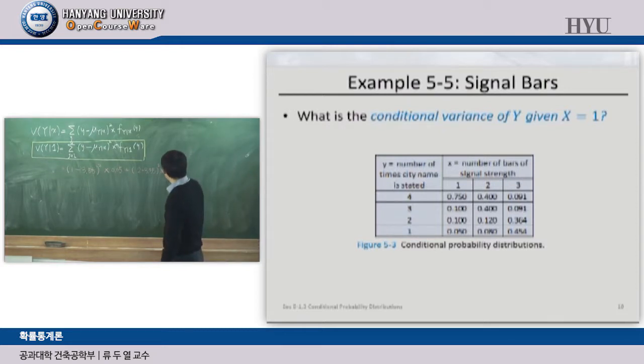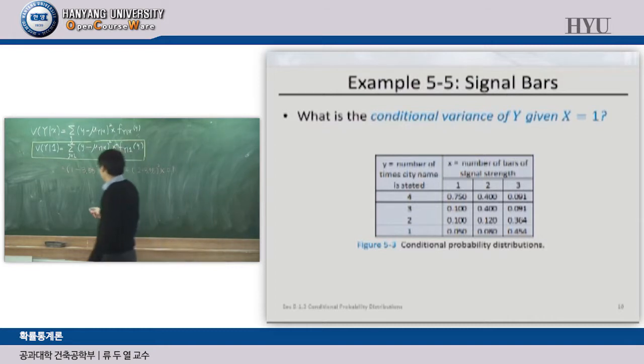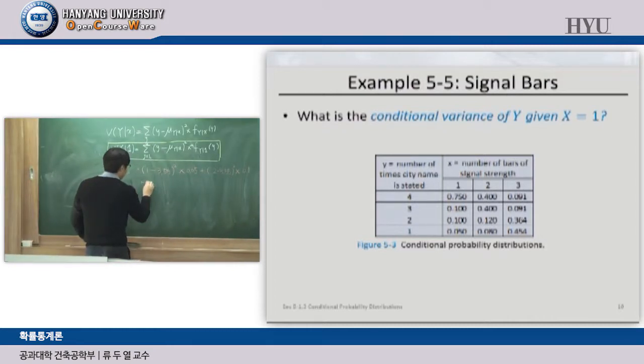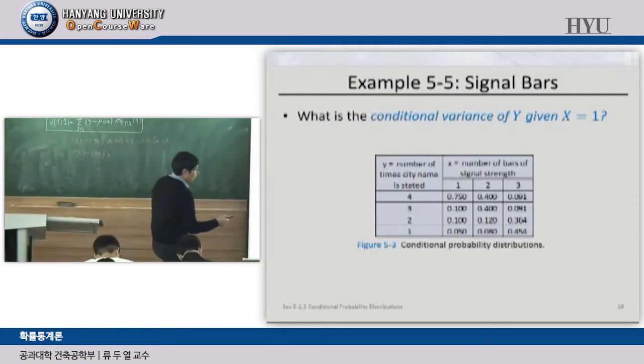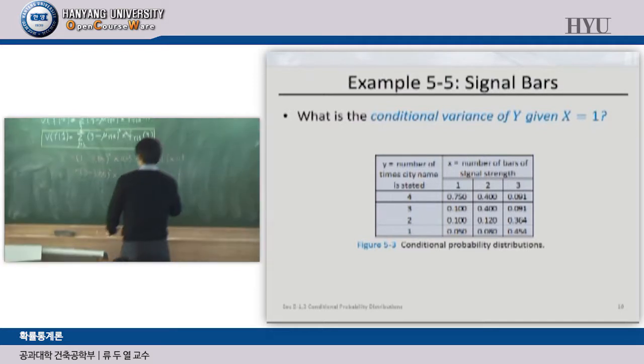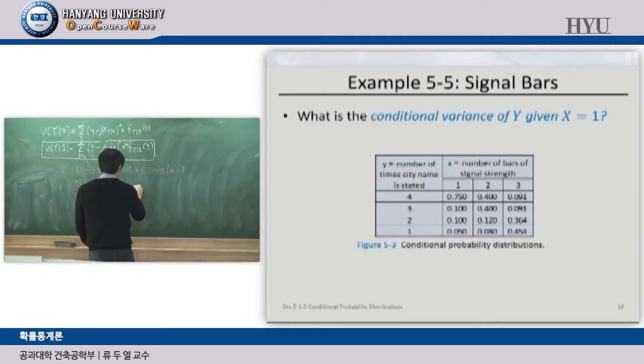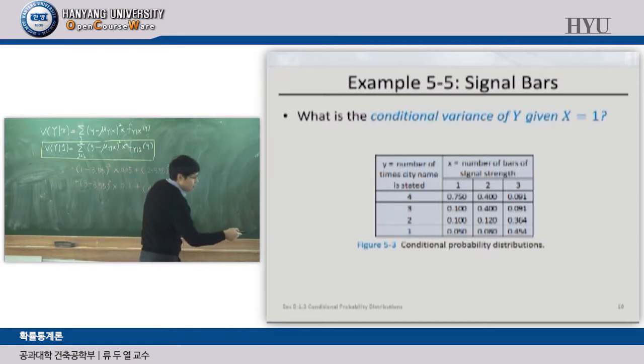So that is 0.1, plus 3 minus 3.55 squared times the conditional probability when y is equal to 3 and x is equal to 1, that is 0.1 here, plus 4 minus 3.55 squared times this value.